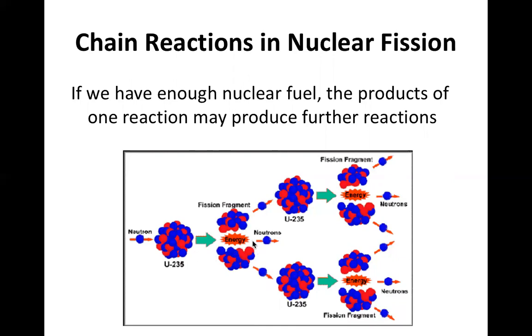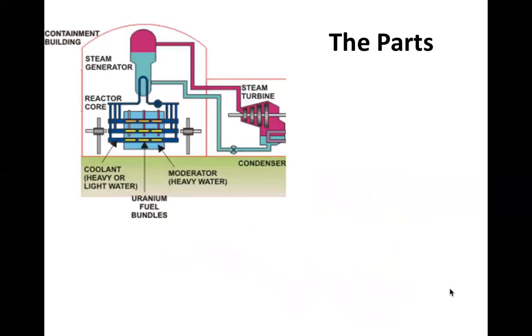And then these slowed down neutrons can interact with either more fuel, more uranium-235, or those fragments, which are still relatively large, causing a chain reaction. So you start this reaction through fast-moving neutrons, and you also produce fast-moving neutrons at the end, which is why it can get out of control, and why, considering the large amount of energy released, you have to obtain tight control of this process for safety reasons.